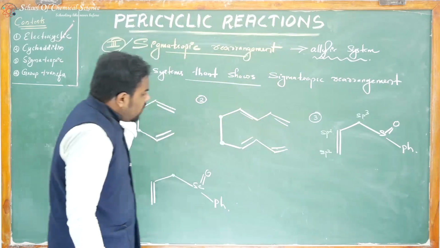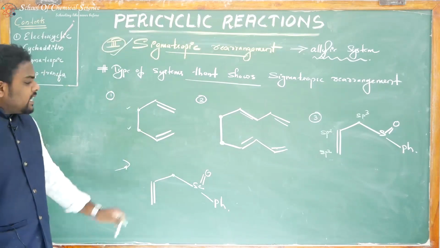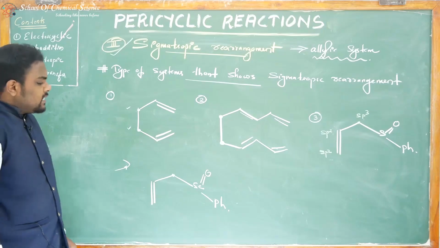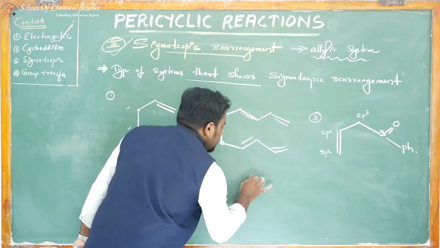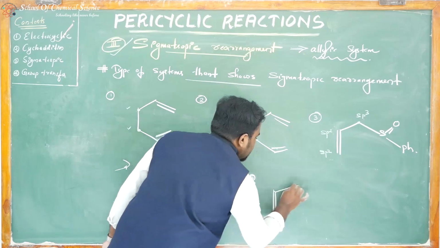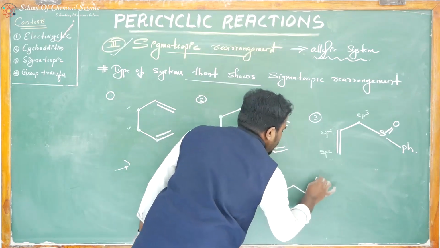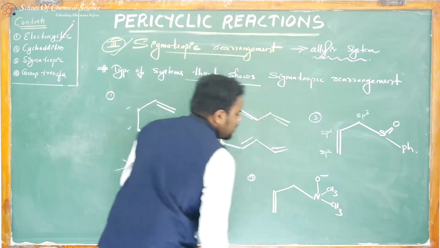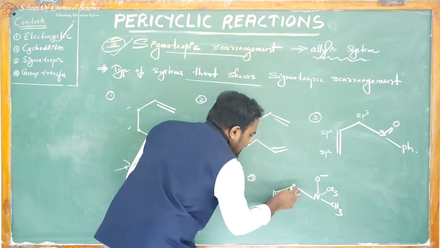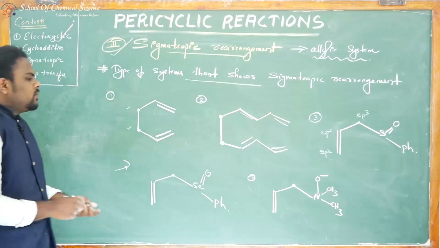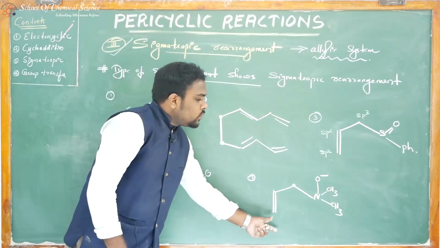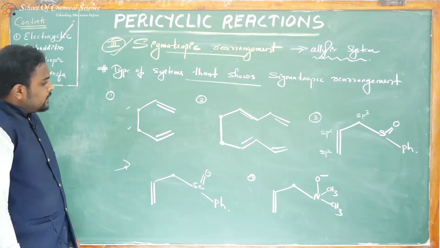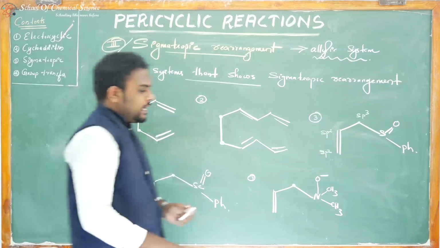So these all systems show sigmatropic rearrangement because an allylic carbon is present. Then another, nitrogen oxide, N O minus CH3. Here also an allylic carbon is present. So that system will also show what type of reaction? Sigmatropic rearrangement.